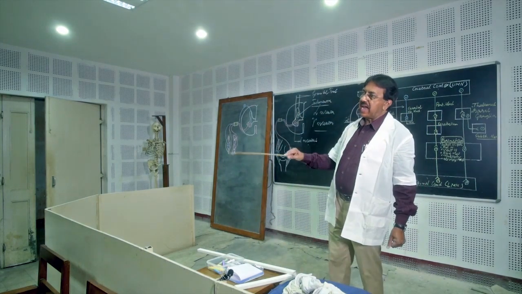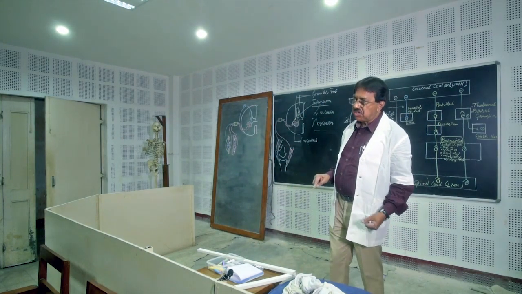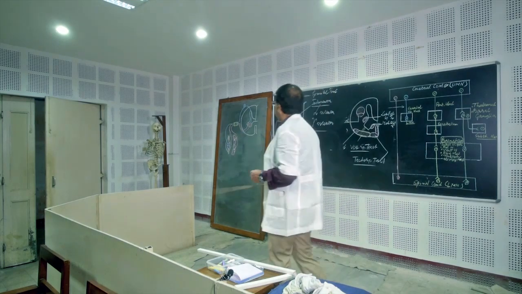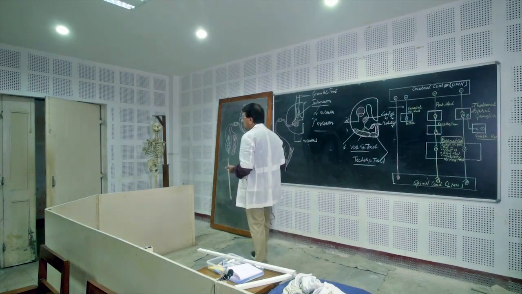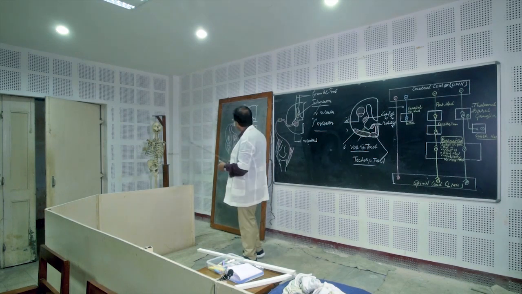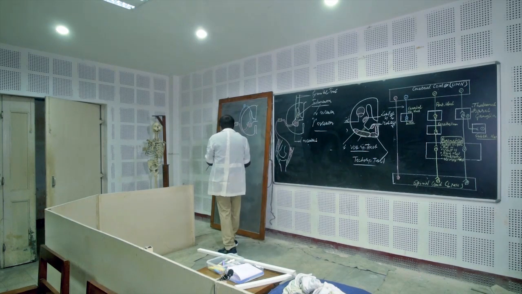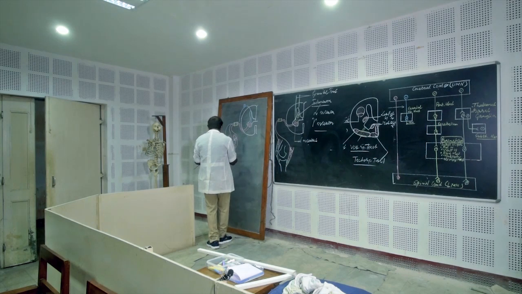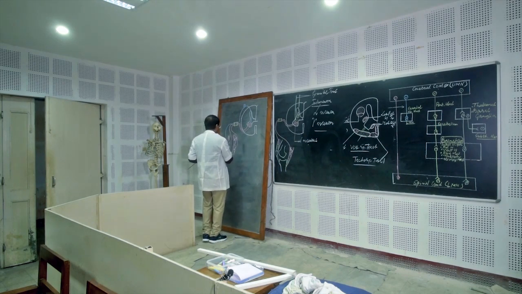So that is the pyramidal tract. Now the extrapyramidal tract, what does it do? Extrapyramidal tract projects on both alpha as well as gamma neurons.